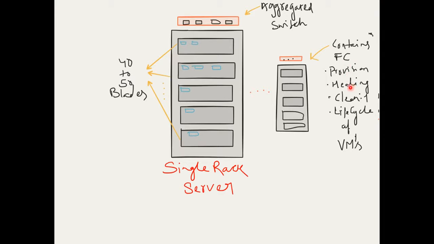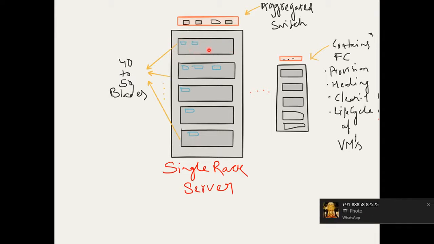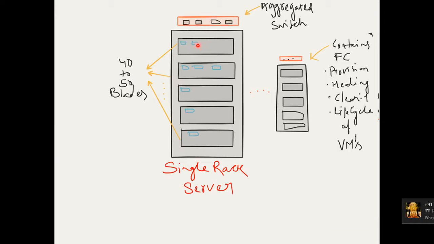In certain cases, when a virtual machine is idle or not used, these blades or nodes may be filled up improperly.